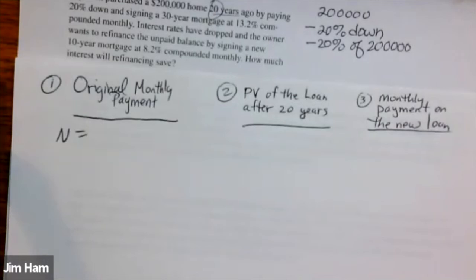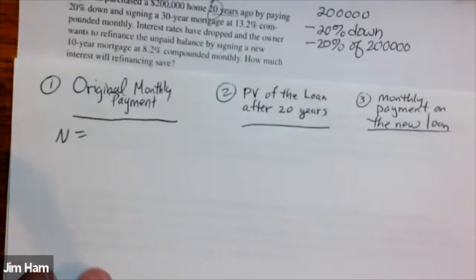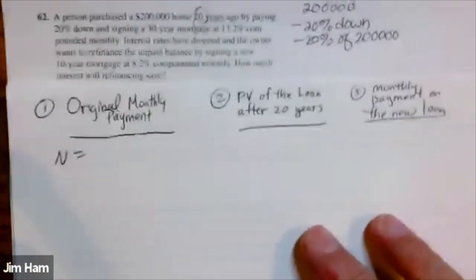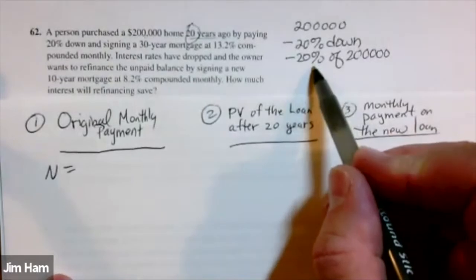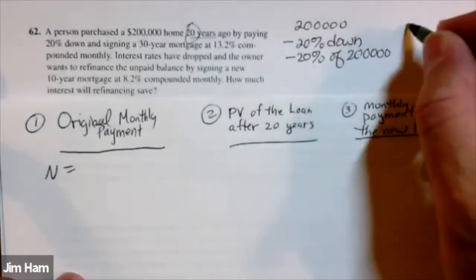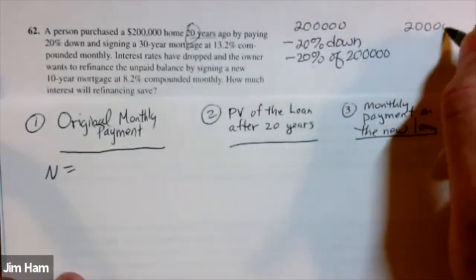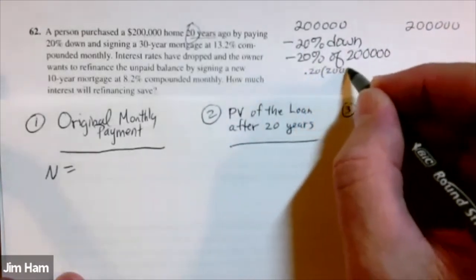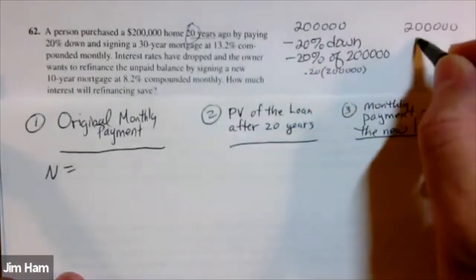If you happen to be eligible for less than that, and the government every now and then creates new programs to allow more people to get into homes, then you might only have to put down 10% or 5%, but that usually comes with an extra insurance fee in case you default on your loan. All right, 20%, remember that's 0.20 times the 200,000, and that's 40,000.